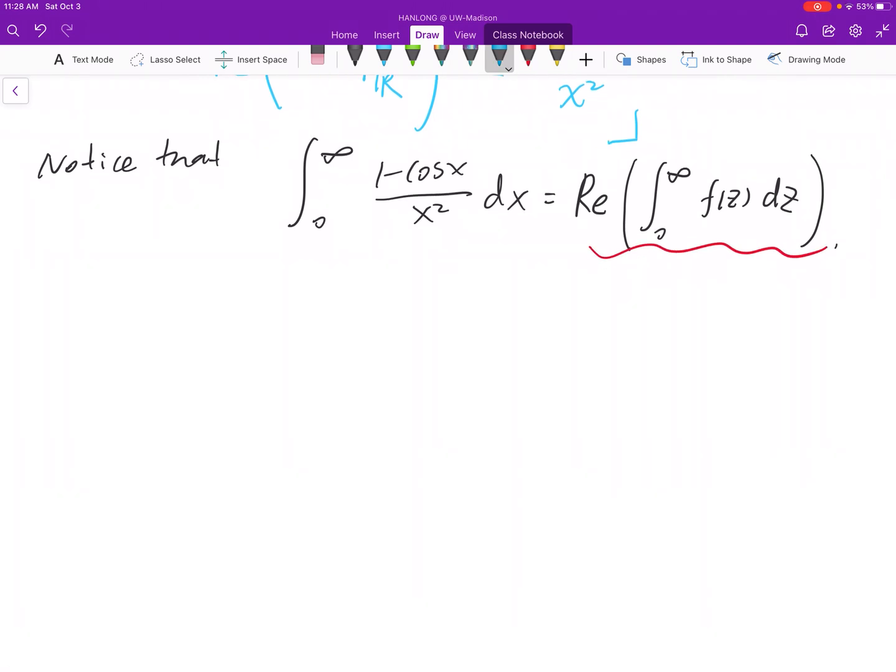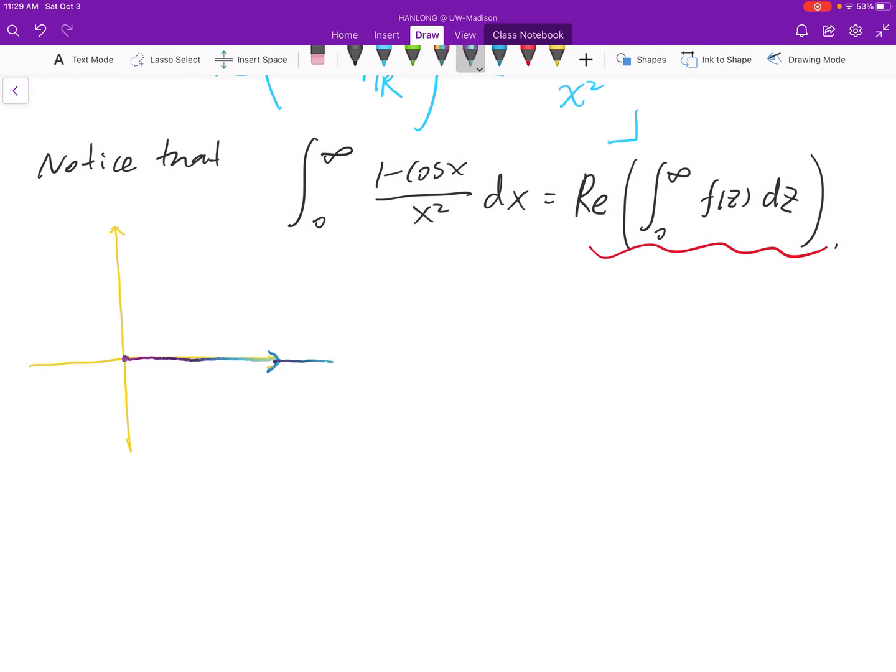If we draw a picture, then you notice that this is a half line, just a positive axis. But for this one, from the previous example, we would like a whole axis so that we can draw a circle which decays to infinity.